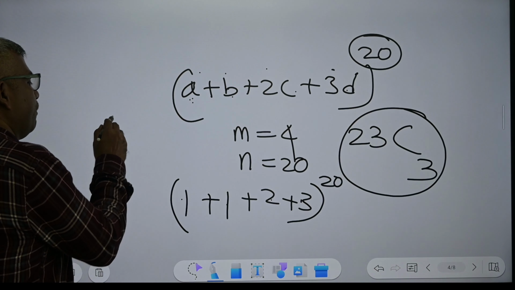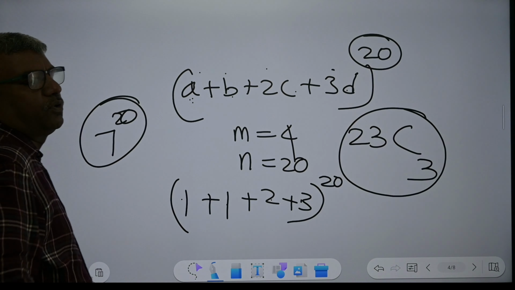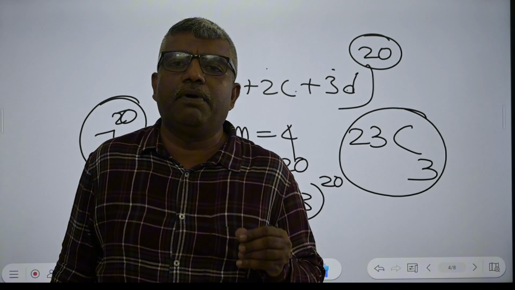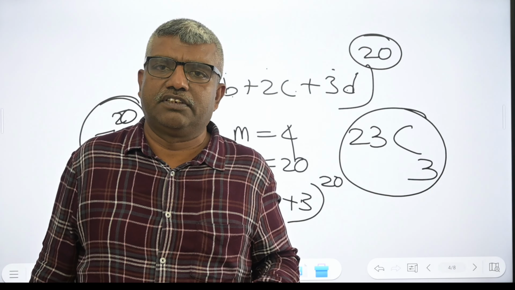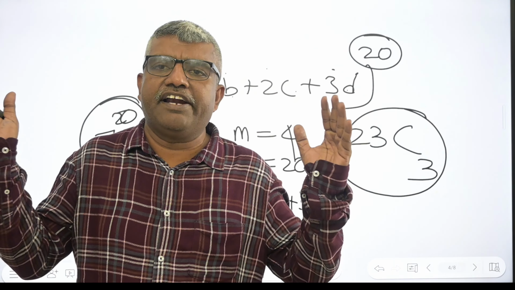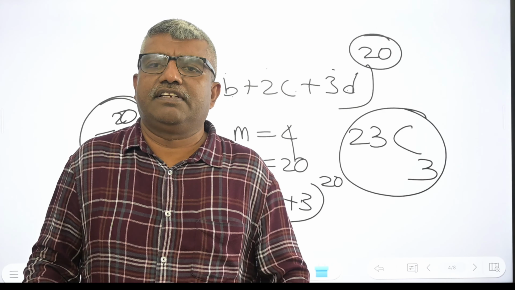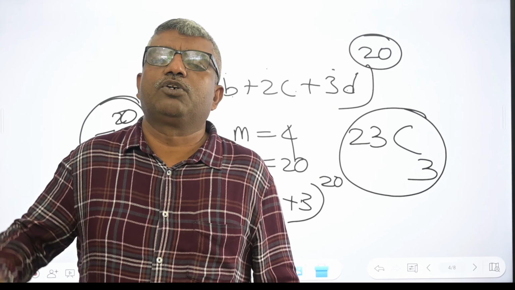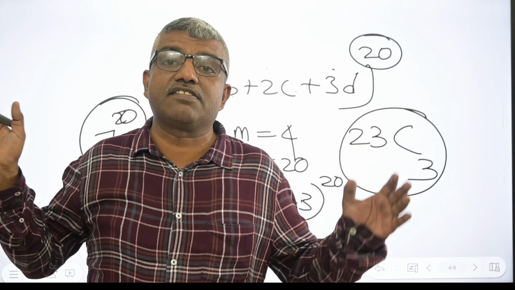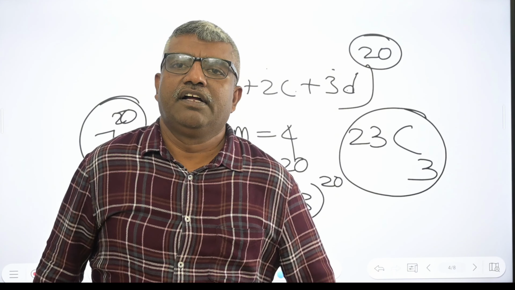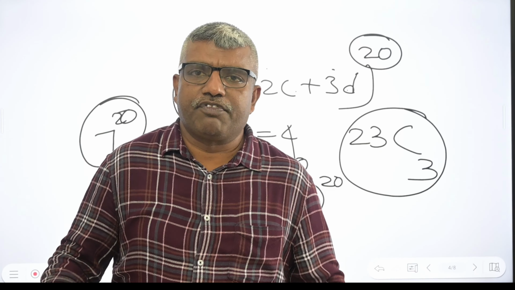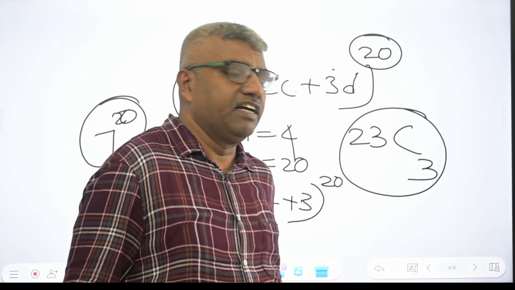Okay, the sum of the coefficients is how to do it? Just put the variables equal to 1, then add all the numbers inside the bracket, to the power. That is the sum of the coefficients of the expansion.